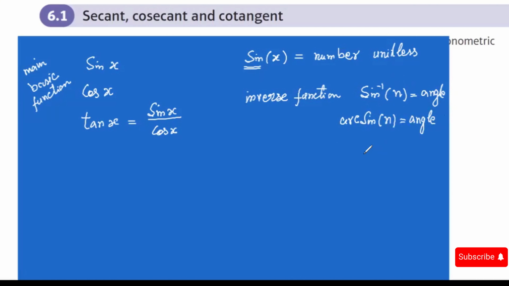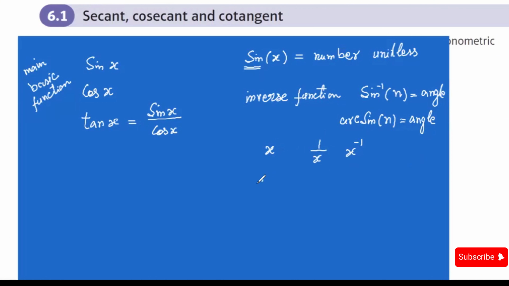Now, here we can also understand the inverse of a number. For example, if I have x, its inverse is 1 over x, meaning the power of x is -1.